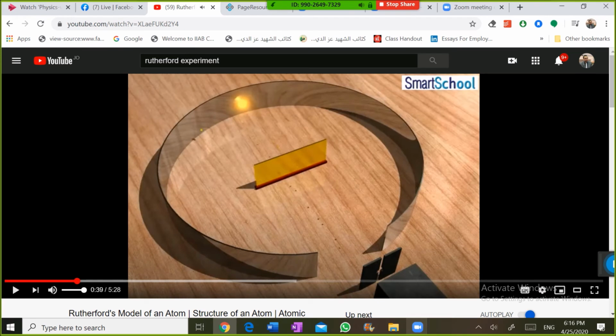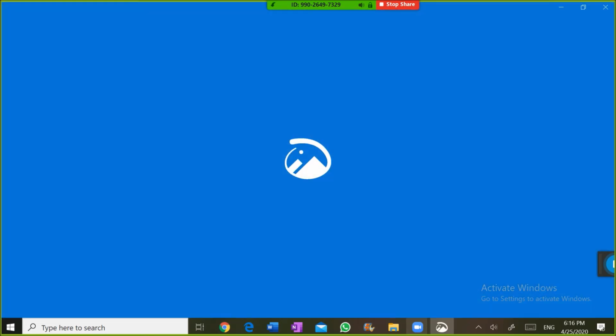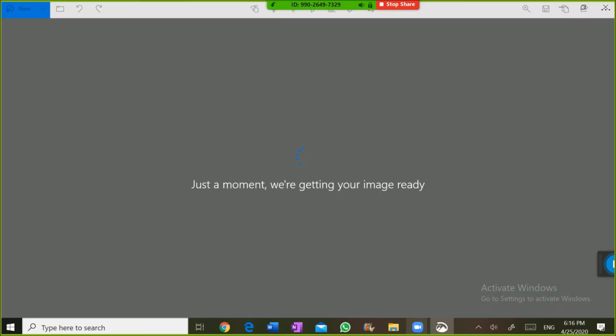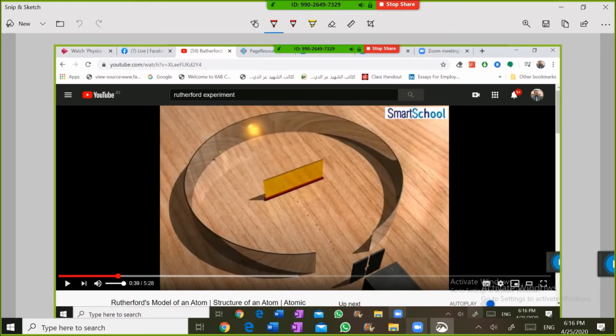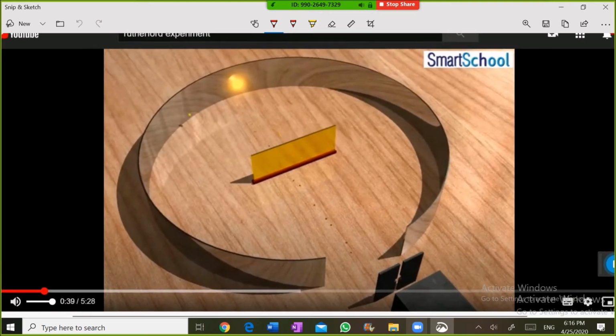Let's talk about the setup first of all. Here, guys, we have a source, an alpha source. This alpha source produces alpha particles. These alpha particles are like this.